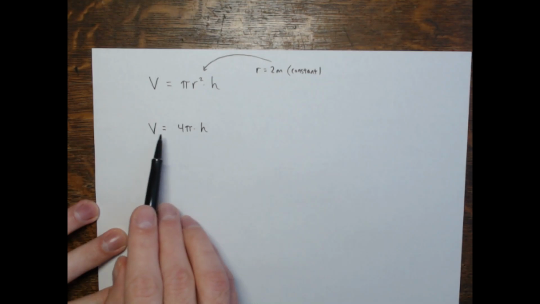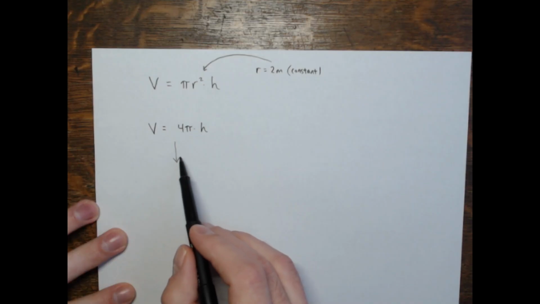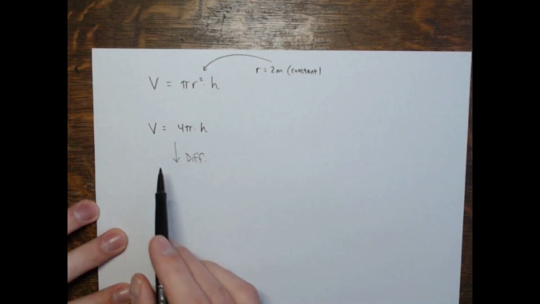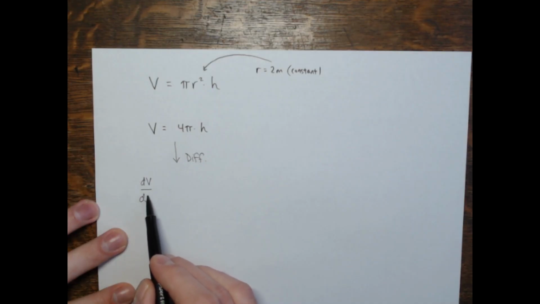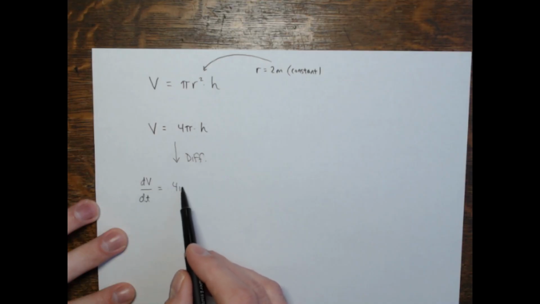Now this height and the volume do change as time goes on, so I'm going to keep these in my equation. We're going to differentiate both sides with respect to time and get our related rate equation, right? dV/dt equals 4 pi times dH/dt.